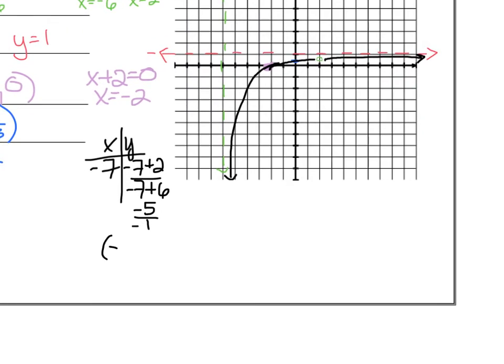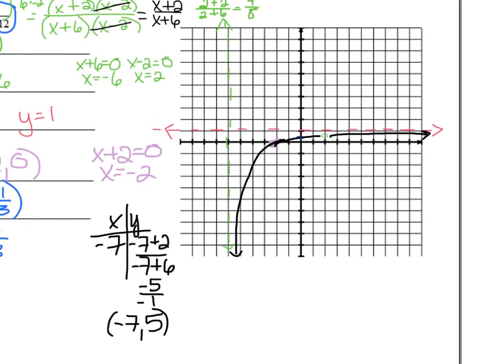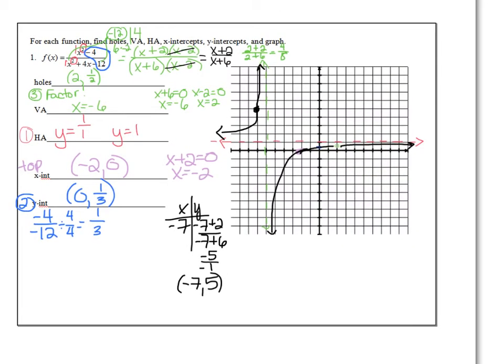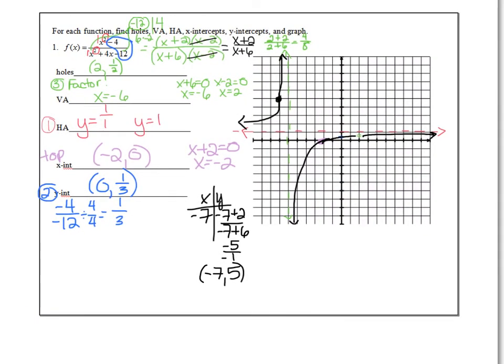So my ordered pair is -7, 5. So I'm going to plot that ordered pair. And I know from this point it's going to curve to that red line and get a little bit closer to the green line. And there's your graph for number 1.